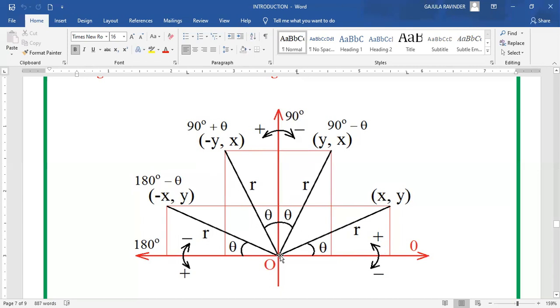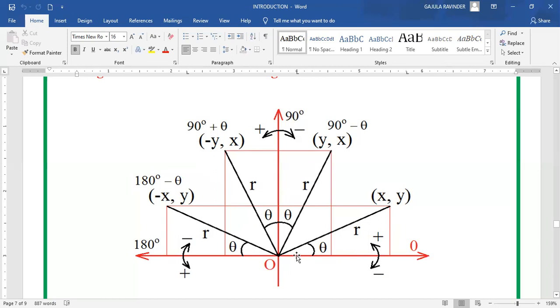Cos of 90 plus theta is minus y by r. Why? Because here the x coordinate is minus y. When the x coordinate is minus y, cos of 90 plus theta is minus y by r. Separating minus, this y by r will be sin theta here. Therefore, cos of 90 plus theta is minus sin theta.